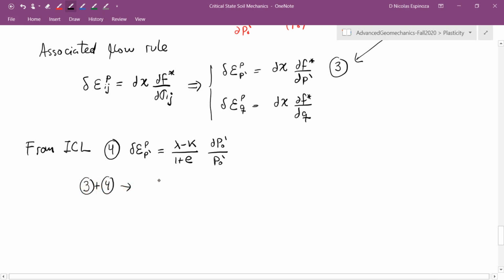Using 3 and 4, I obtain that the hardening parameter is equal to lambda minus kappa divided by 1 plus the void ratio, times p prime, times m squared plus eta squared. Since now I have the hardening parameter and all my derivatives, I can compute the plastic strains on the volumetric component and on the deviatoric part.